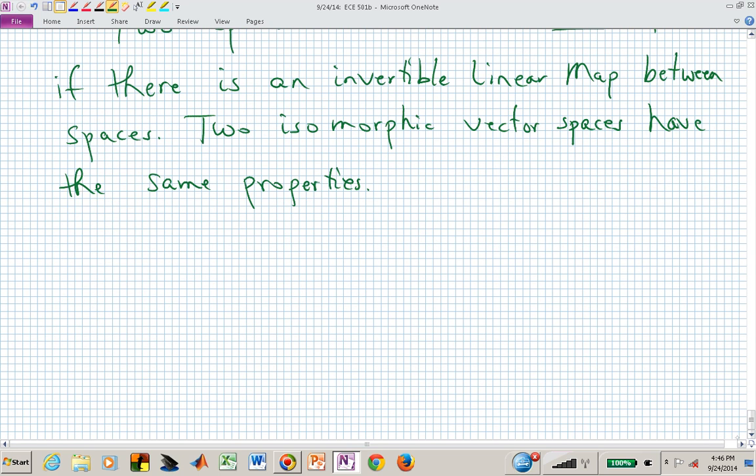One result that we can write down from that is Theorem 3.18, and that is that two, do you remember what we were meaning by FDVS? Finite dimensional vector spaces.